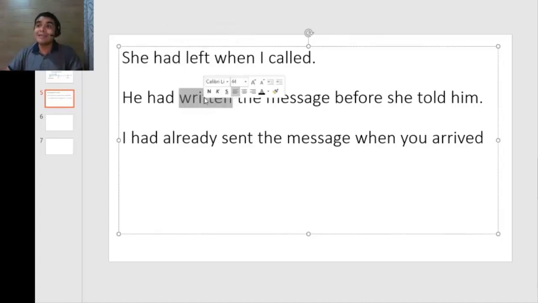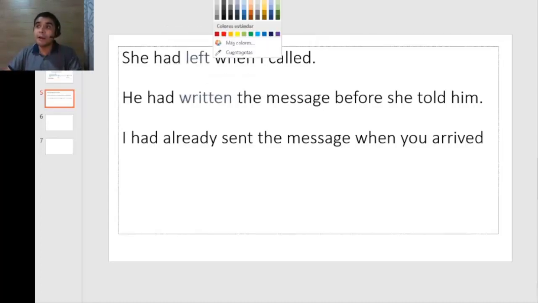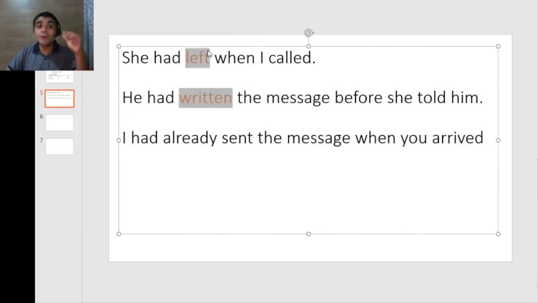If you see, guys, all of them are past participles. If you don't know verbs in past participle, you have to start to study now. This is an important part of your vocabulary. Past participle verbs are mandatory. I had already sent the message when you arrived. If you see, I am using already.